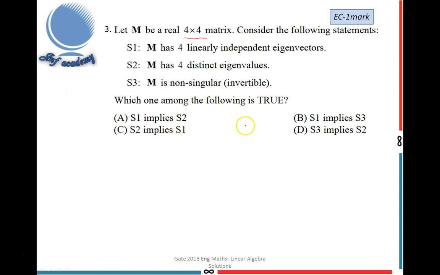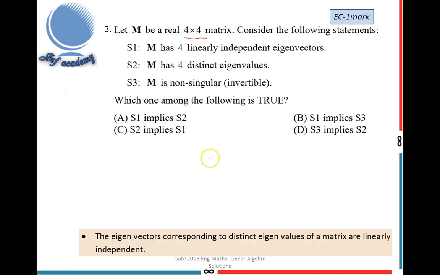S1 implies S2. We have to check all the 4 options. So here I use one relation between eigenvalue and eigenvector. That relation says that the eigenvectors corresponding to distinct eigenvalues of a matrix are linearly independent. It is true.